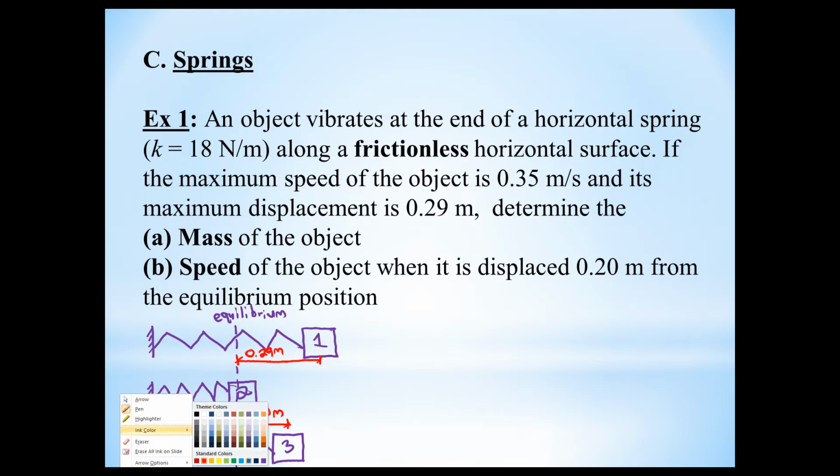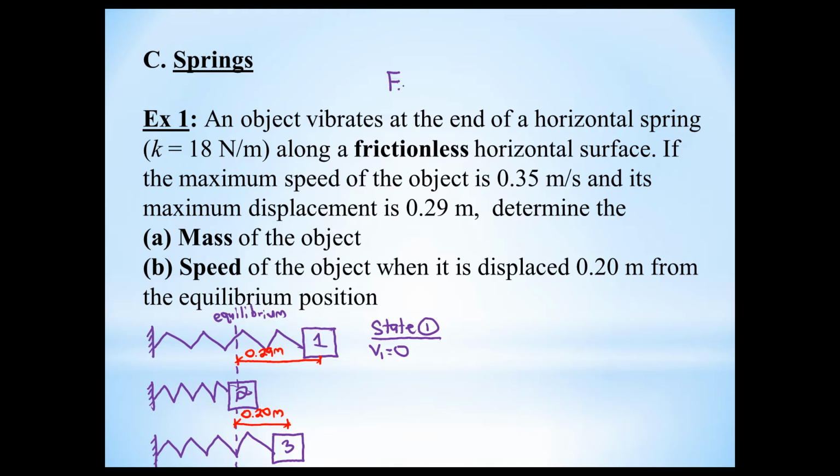Now, let's identify all of our states as much as we can. So state 1. You're releasing this from rest, so you have no speed. So V1 would be 0. Now, you have to remember, for a spring, because we're talking about elastic potential energy, your potential energy equation for a spring is actually 1/2 kx squared.